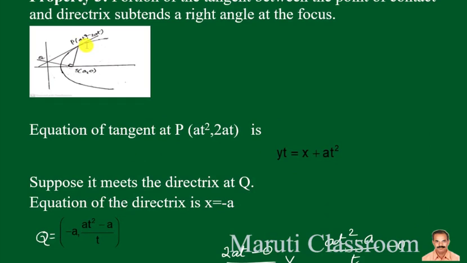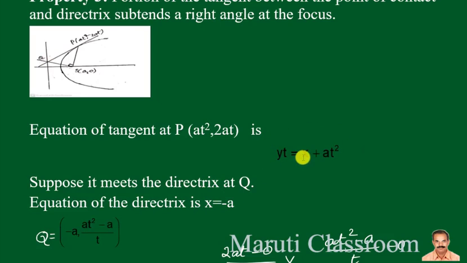Now the equation of the tangent at P is yt equal to x plus at square. Suppose it meets the directrix at Q. The directrix equation is x equal to minus a. So at Q, x equals minus a. On the line x equal to minus a, at every point the x coordinate is minus a. So at Q also the x coordinate is minus a. Put x equal to minus a in this equation.